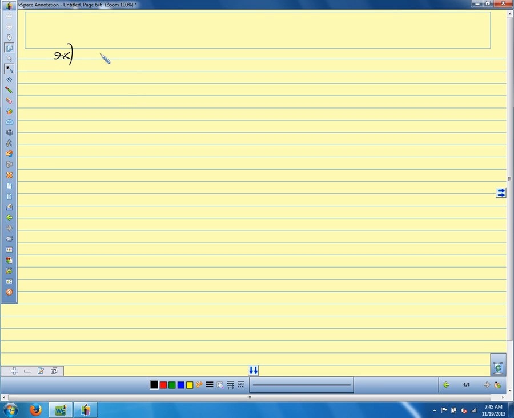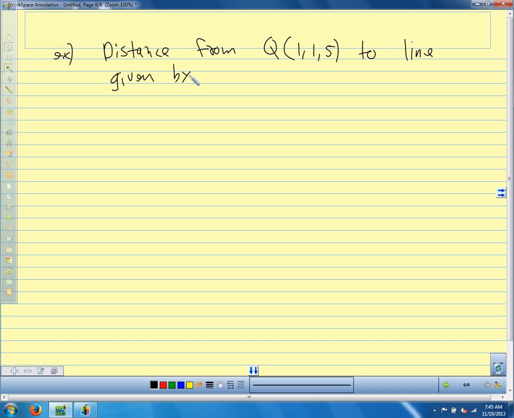So we want the distance from the point Q, which is (1, 1, 5), to the line given by our parametric equations, x equals 1 plus t, y equals 3 minus t, and z equals 2t.